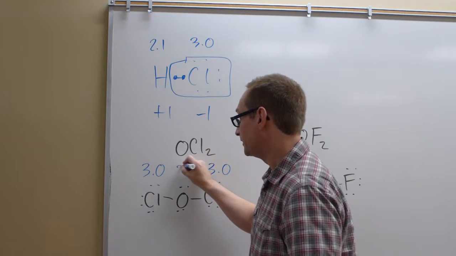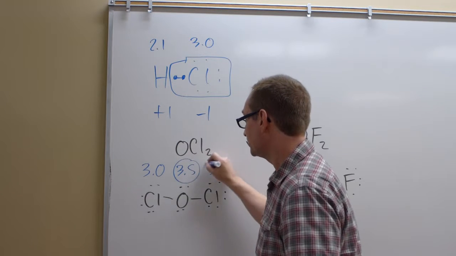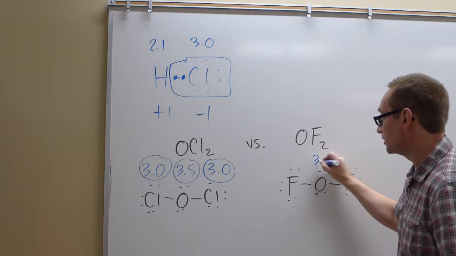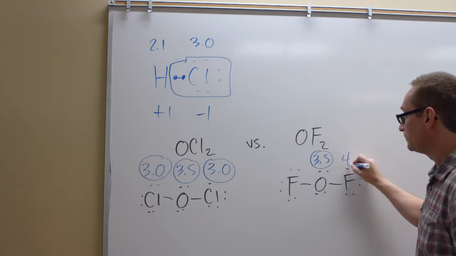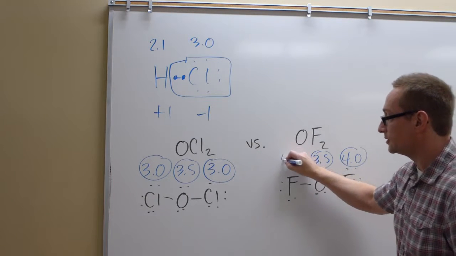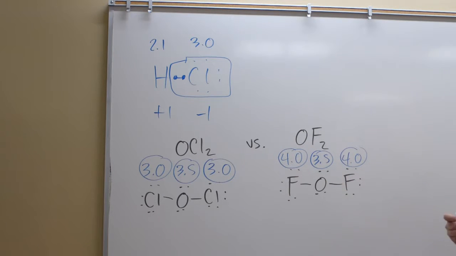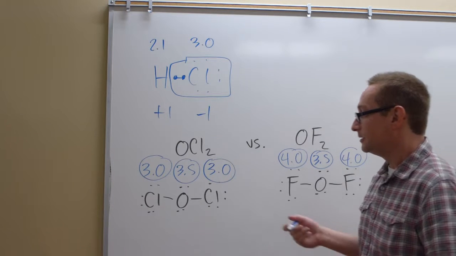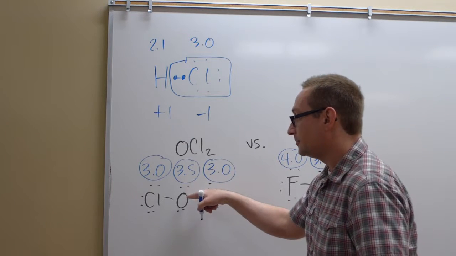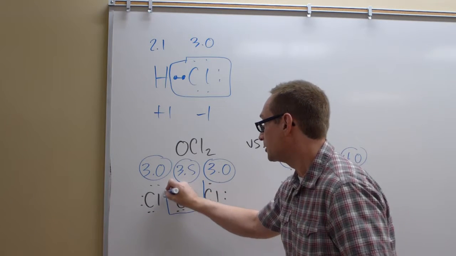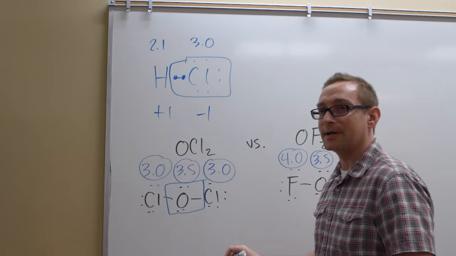So I look at oxygen versus chlorine, and now I look at oxygen versus fluorine. Fluorine is the most electronegative element. So if I look at these, you can see how things look a little different when you write the numbers out. So the most electronegative atom in OCl2 is the oxygen, and so it gets 8 electrons around it.